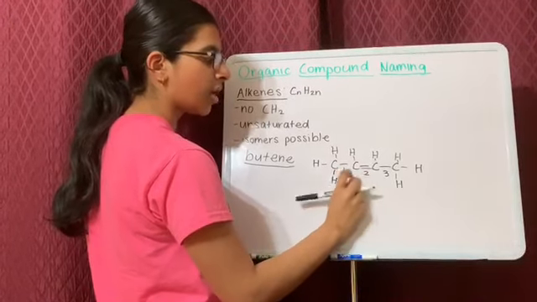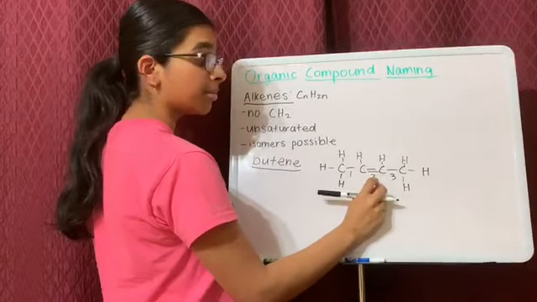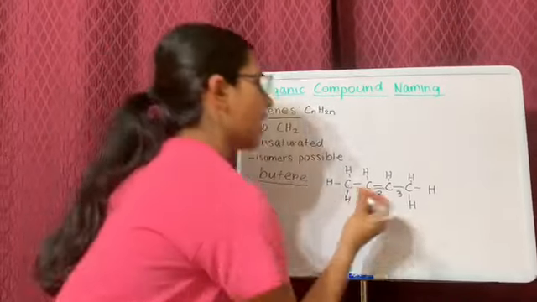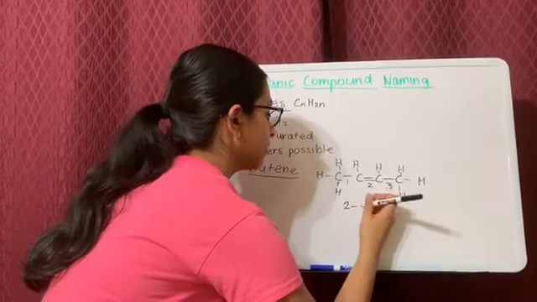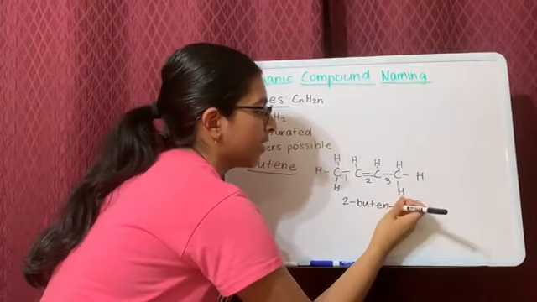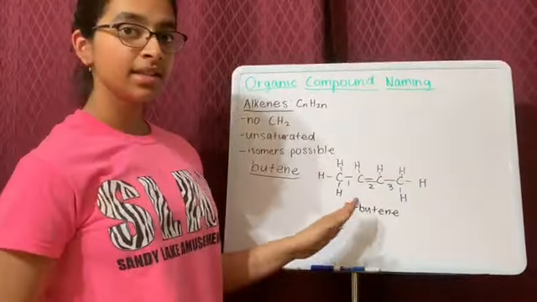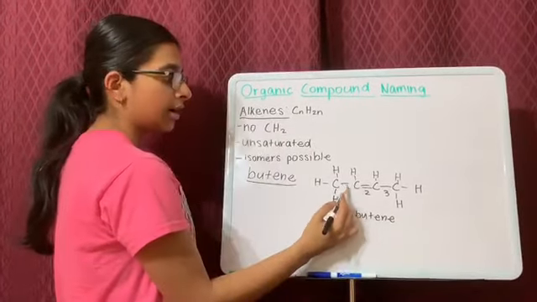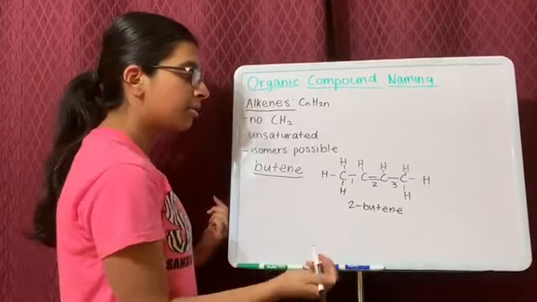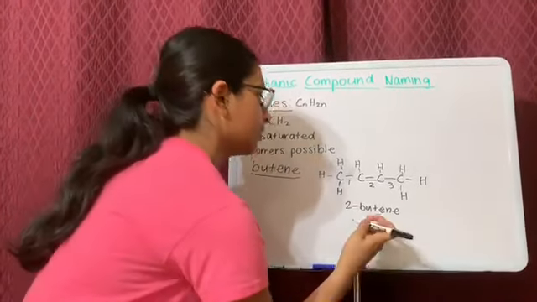The double bond is on carbon-carbon bond number 2. So that means we're going to call this particular isomer 2-butene. That is just telling ourselves where that double bond is. And if it were on this carbon bond right here, if this was a double bond, that would be 1-butene.